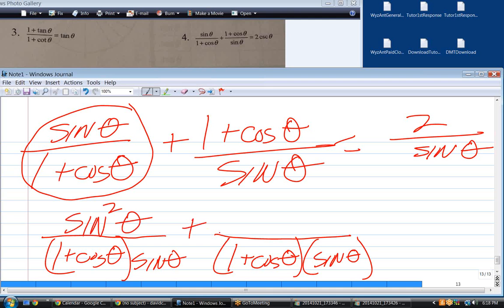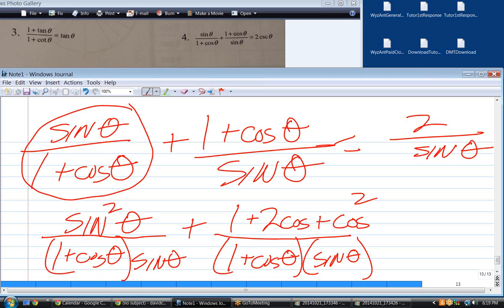Okay, now over here, what does this have to be? It'll be 1 plus cosine squared times 1 plus cosine squared. Well, so it's 1 plus cosine quantity squared, which is 1 plus 2 cosine plus cosine squared. In other words, it's 1 plus cosine theta squared, which turns into this.